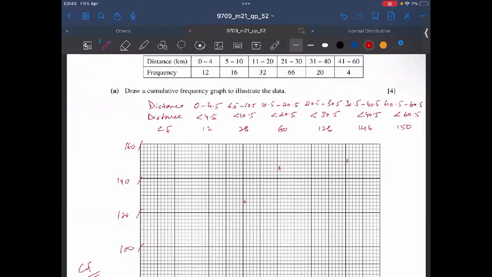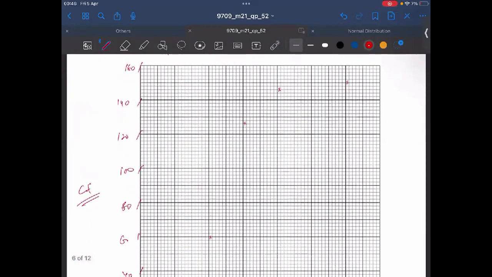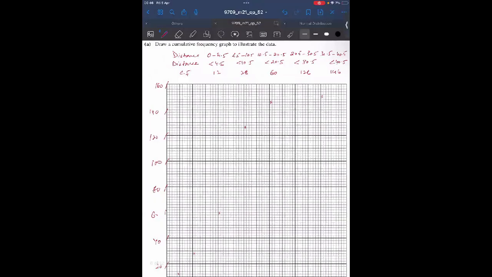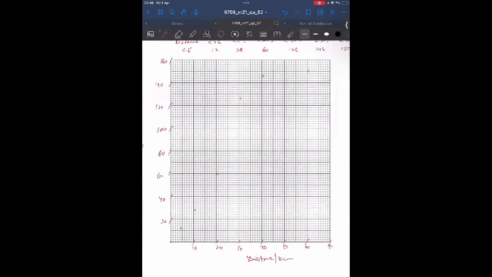All right. So now let me draw it. Sir, one minute, I want to see the graph. Yeah, let me draw it. Just a second. It's a little bit difficult to draw it on the iPad, but never mind.